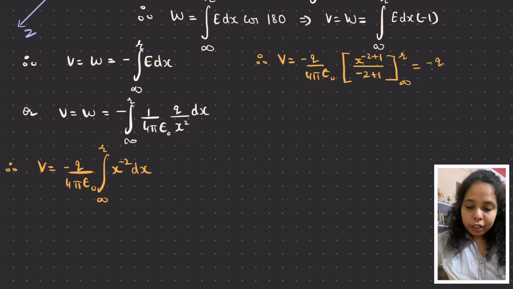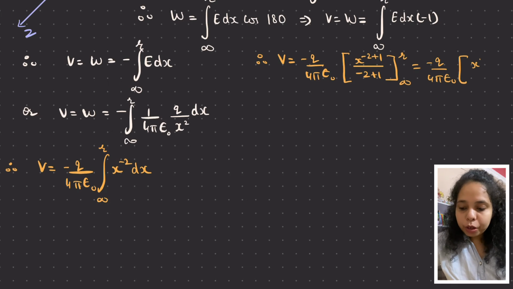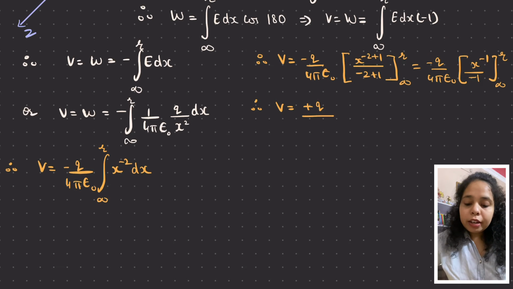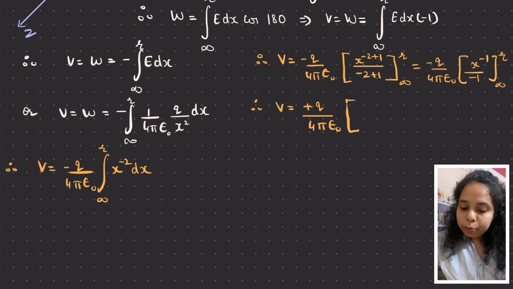So we have V is equal to minus Q upon 4 pi epsilon naught x raised to power minus 1 upon minus 1 infinite to R, taking the limits once again, and now we can say V is equal to plus Q upon 4 pi epsilon naught, because we can cancel minus and minus, plus Q upon 4 pi epsilon naught 1 upon x, taking the limit infinite to R. Therefore, we will substitute the limits now.